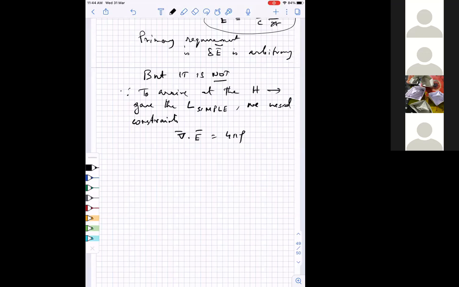So now, because this constraint is used, if I vary this, this E must also obey this.